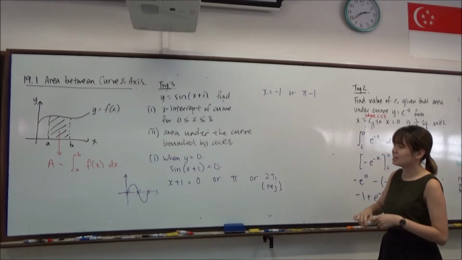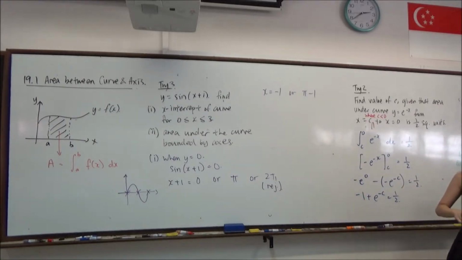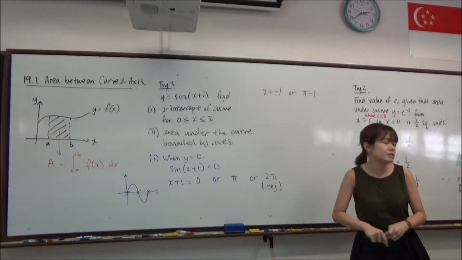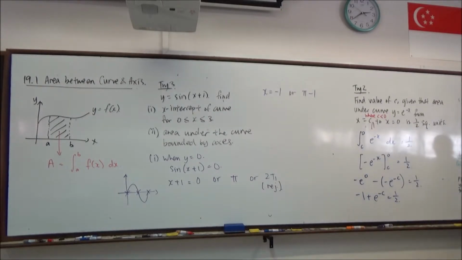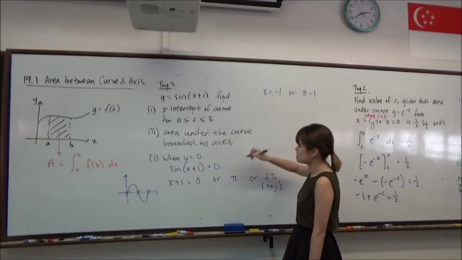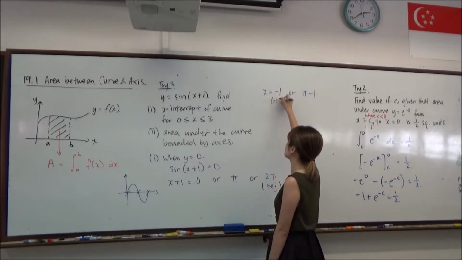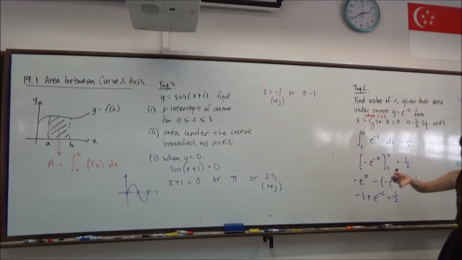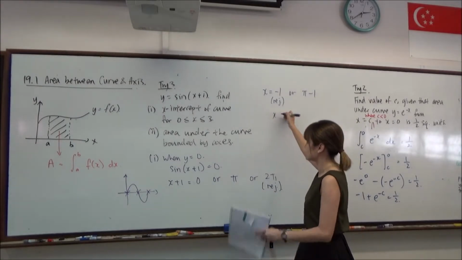Anyway, let's get back. Okay, so x equals negative 1 or else pi minus 1, right? In this case, negative 1 would not be accepted, right? Actually at this point, you can reject it also. But we are essentially working with x equals pi minus 1.